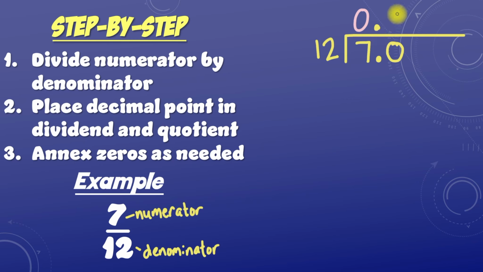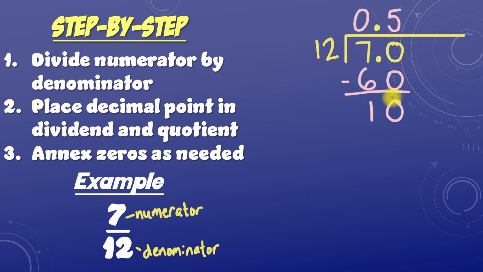Well, that's 5 times. So I'll place a 5 right above this 0. And then multiply 5 times 12, which gives me 60. And then I'll write 60 right below 70. I'm going to have to subtract these values. And 0 minus 0 is just 0. 7 minus 6 is 1.